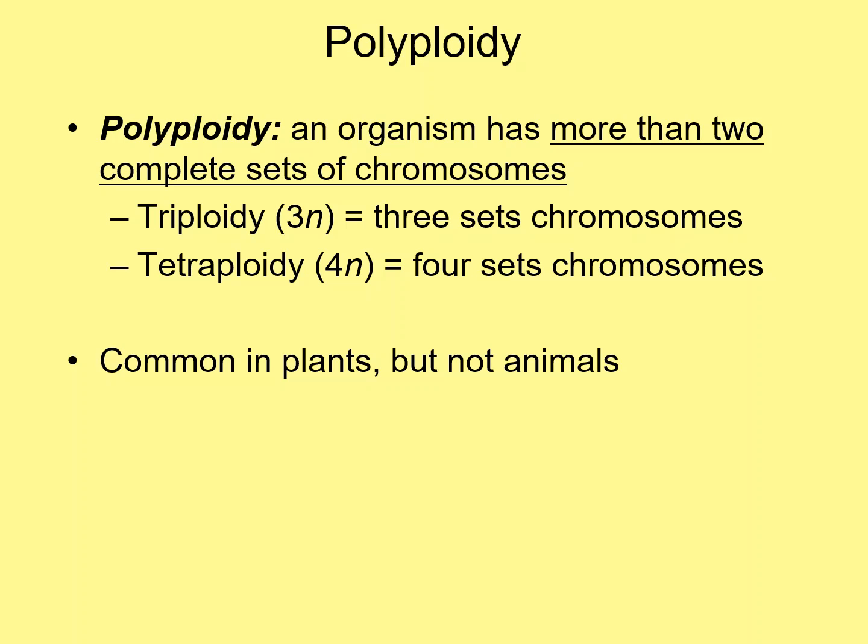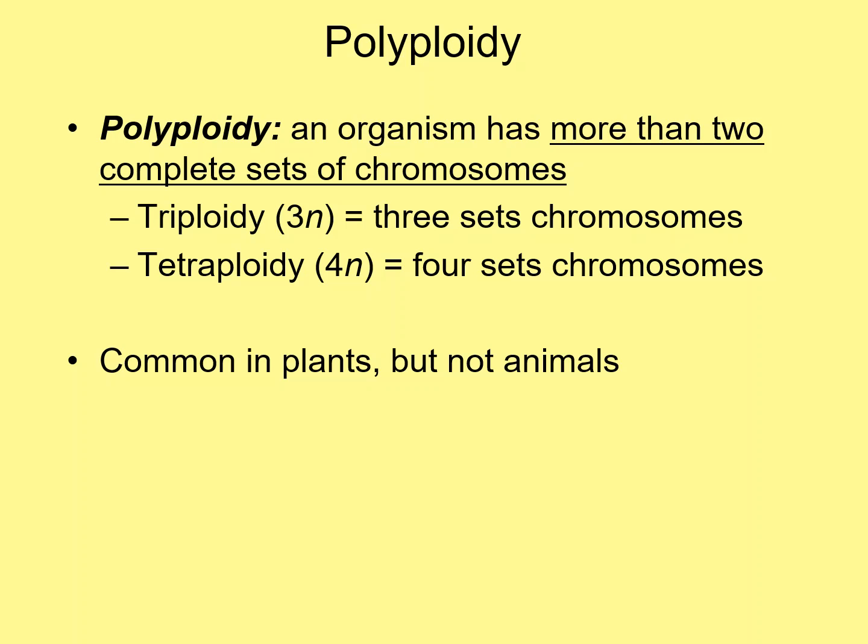Plants, on the other hand, can self-fertilize, and so they actually tolerate polyploidy very well. You can have non-disjunction occur in a plant as they're making their gametes, and then they self-fertilize. So that's another way you can end up with an entire extra set.